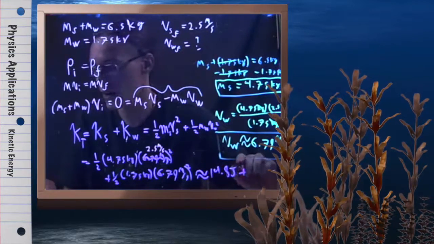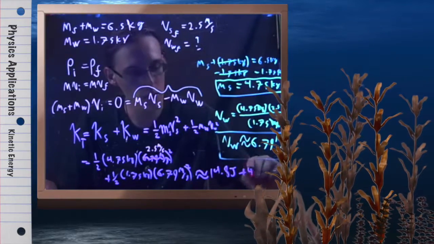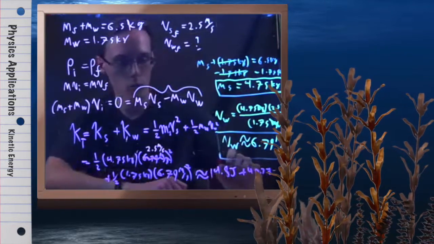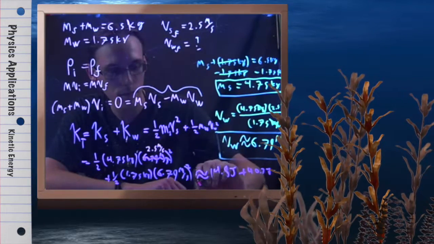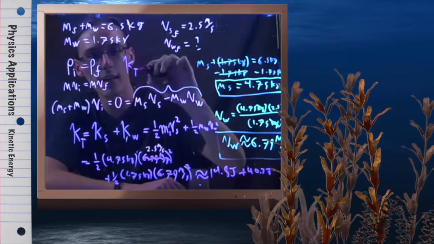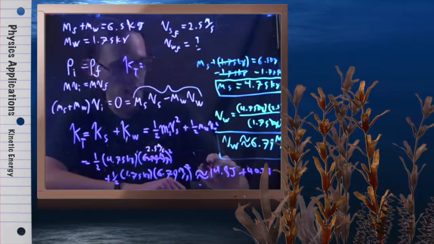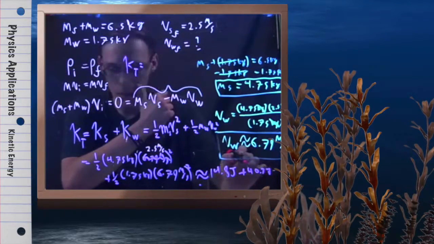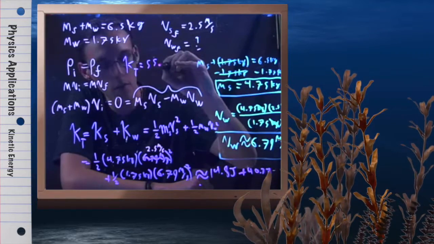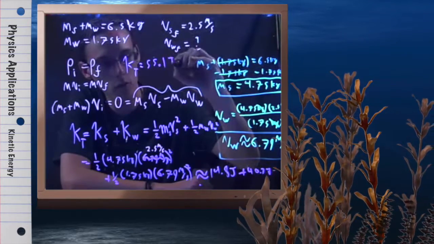And so the water has 40.3 joules of kinetic energy. So of course, if we add those together, the total kinetic energy, 14.8 plus 40.3, that's going to be 55.1 joules.